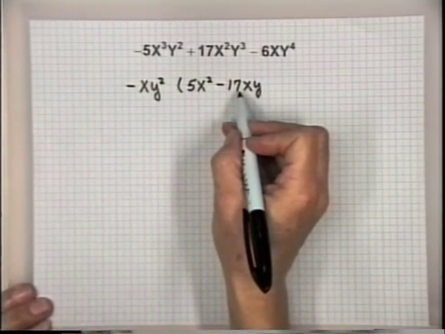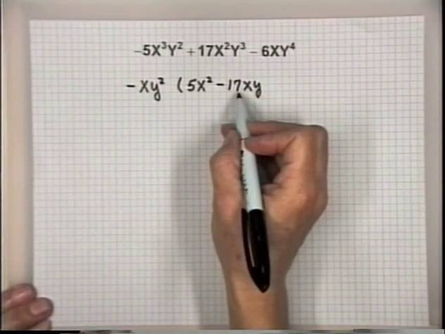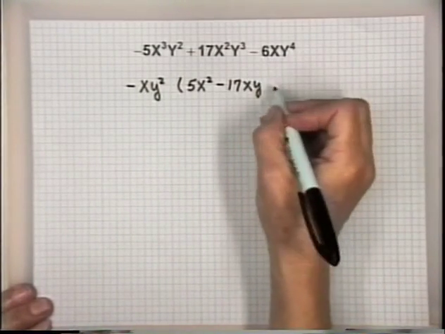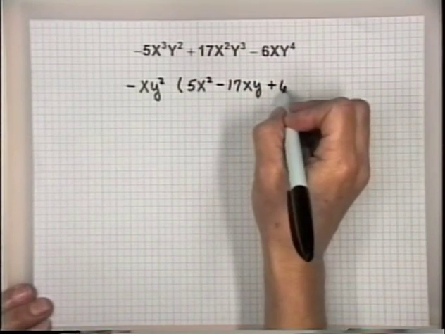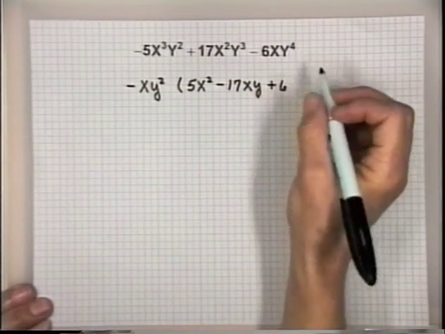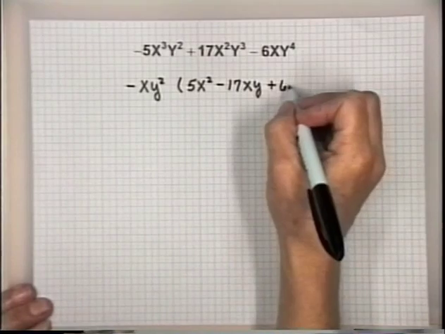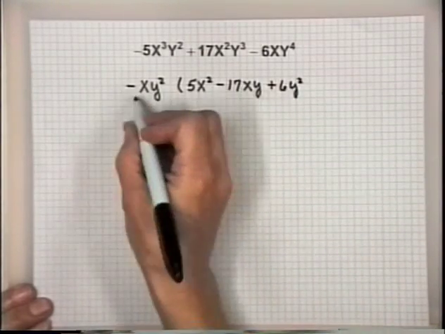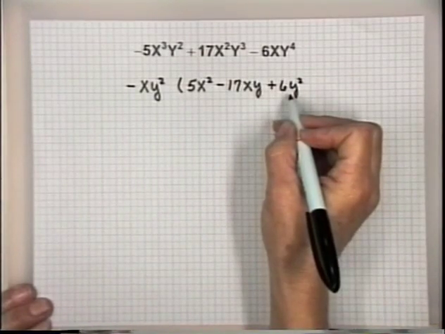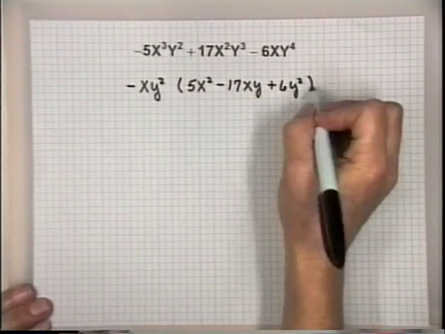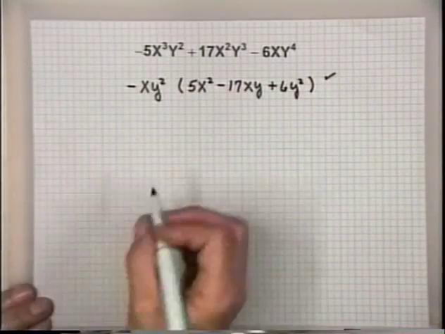Multiplying these, we would get a positive 17 x squared y cubed. Dividing our third term by a negative, we will get a positive 6. There will not be any x's left. Dividing by y squared, we get y squared here. This is negative 6 x y to the fourth. So at this point, we're correct.